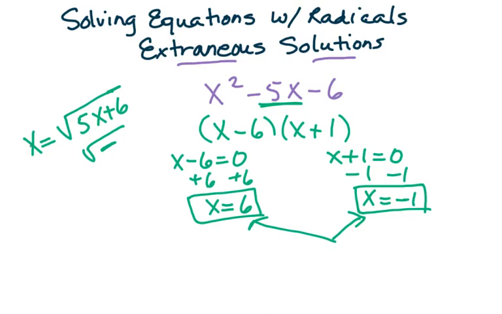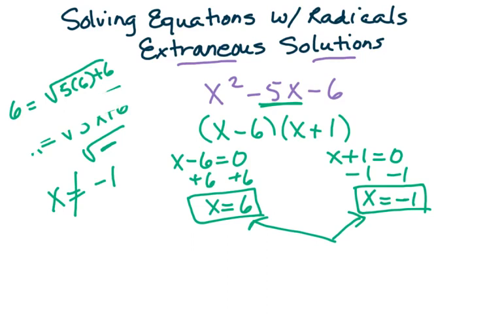So x cannot equal negative 1. That is an extraneous solution. But x can equal 6. So if I put this here, watch. Instead of saying x, I'm going to say 6. 6 equals radical 5 times 6 plus 6.